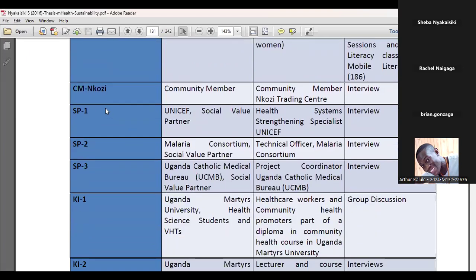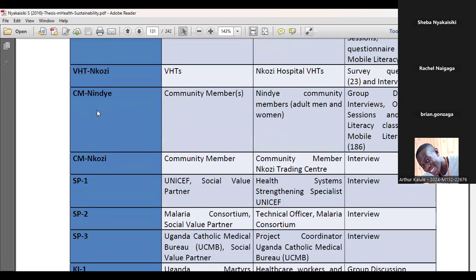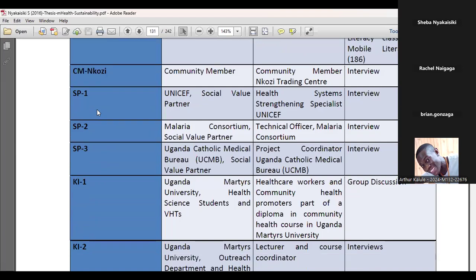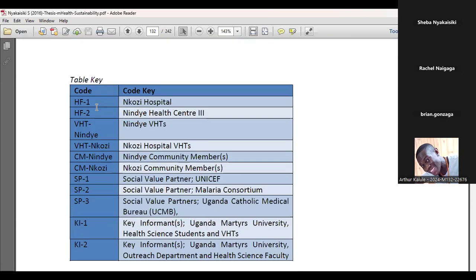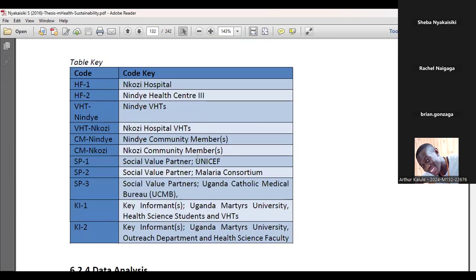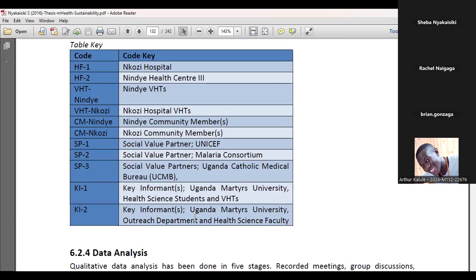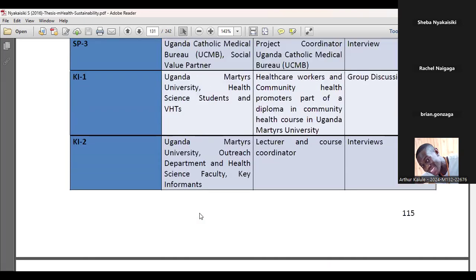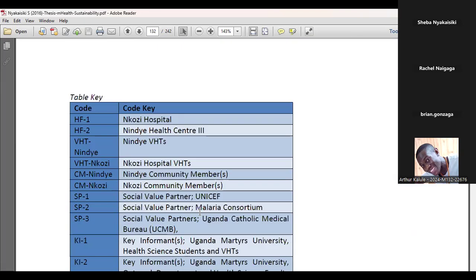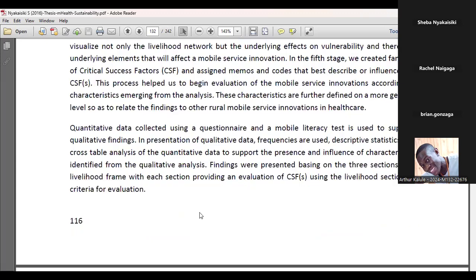Then the SP would be the social value partner, okay? The partners that were involved, then key informants. So I also had key informants. But in all of them, I didn't include any name.